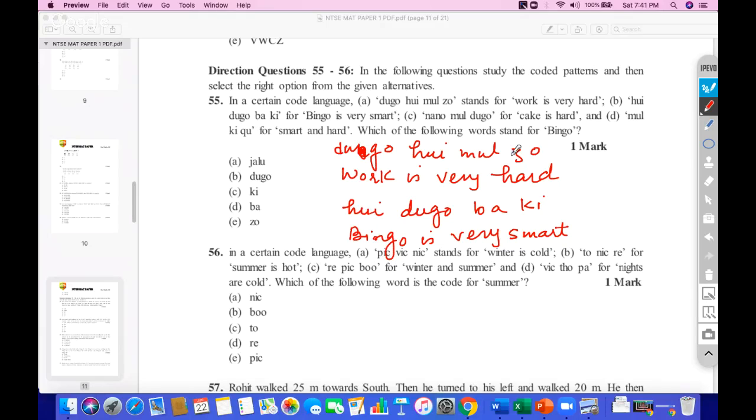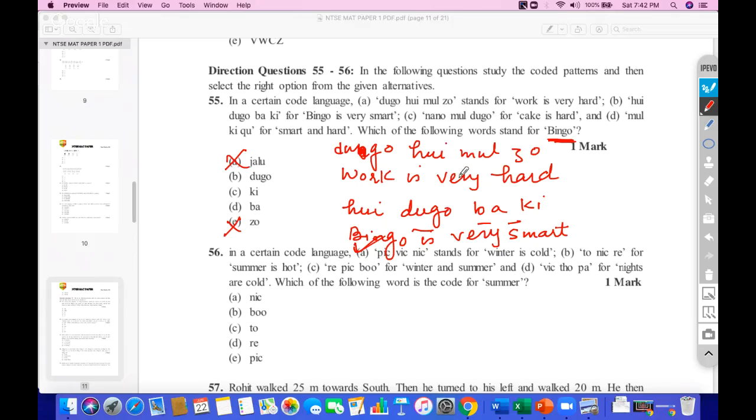See, we have to find it out for Bingo, right? So where is Bingo coming? Bingo is coming here. Bingo is very smart. So it cannot be Joe, and Jalu cannot be the answer. So it can be Dugo Baki.